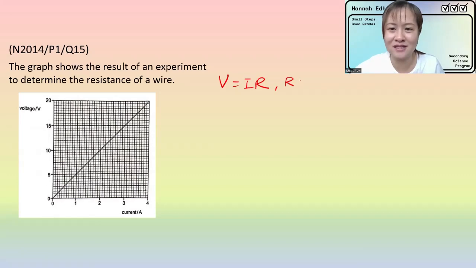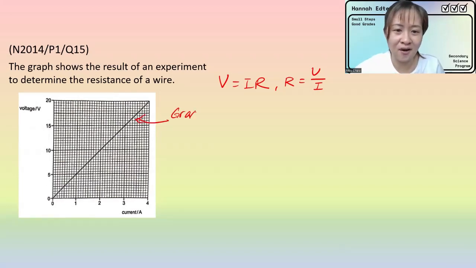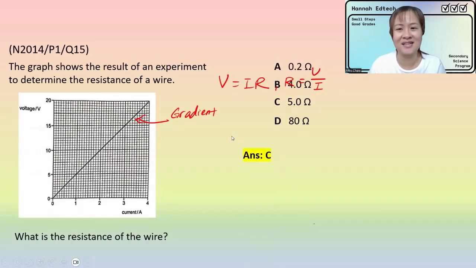Therefore, you'll have resistance R = V/I. Hence you will realize that when a graph is given, resistance is actually the gradient of the graph. And the answer is C, because 20 divided by 4.